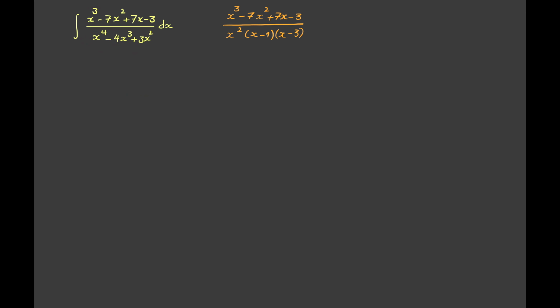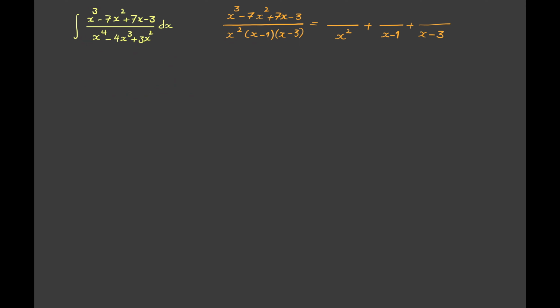And then I write this as the sum of partial fractions. Here I have 3 factors involved, so it means that I have 3 fractions. One of them is quadratic, 2 of them are actually first degree polynomials. In principle I have to have 3 fractions. The denominator of the first fraction is x squared, the denominator of the second fraction is x minus 1, and the other one is x minus 3.